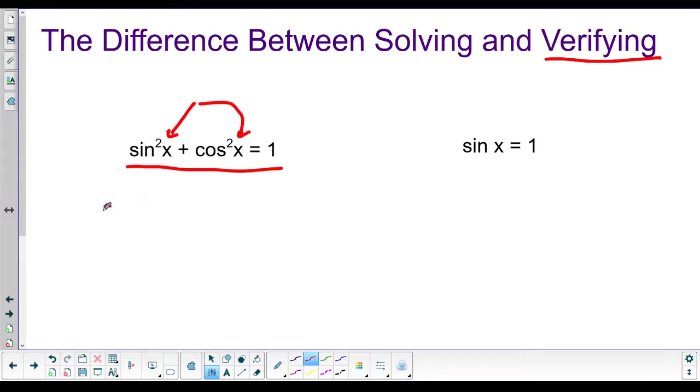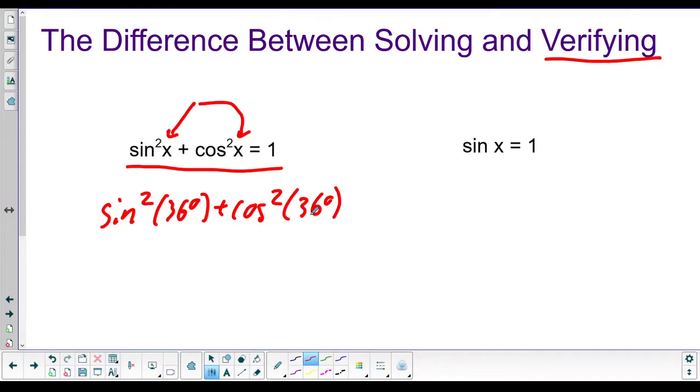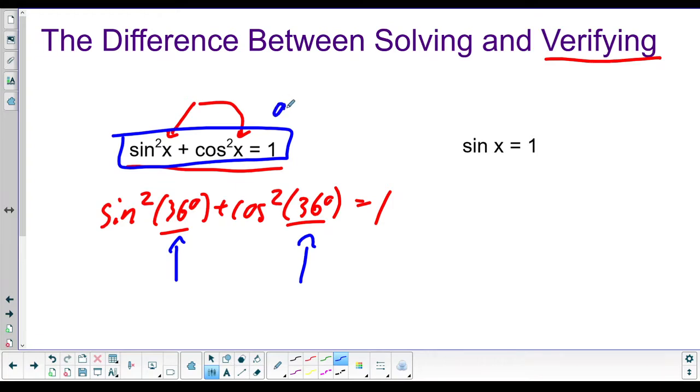If you do sine squared of 36 degrees plus cosine squared of 36 degrees, this is guaranteed to equal 1. It doesn't matter, as long as it's sine squared and cosine squared of the same angle. This is true 100% of the time, and you could put any number you want there and there. This is what is called an identity because it is always true.